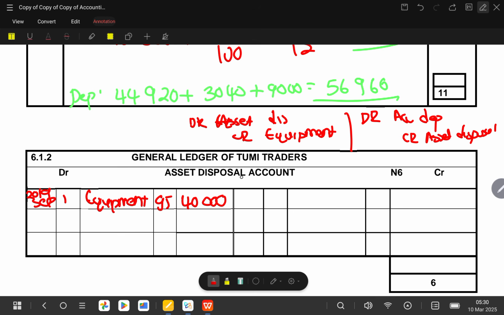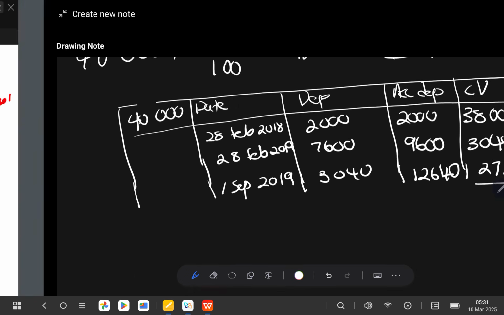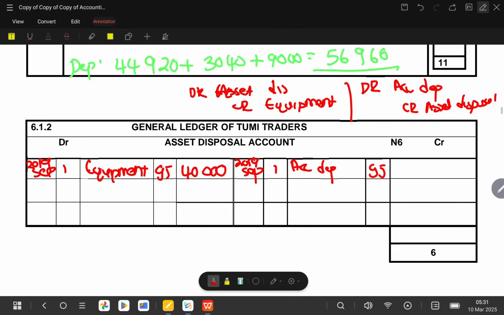So remember, we are going to come here and say 2019 September. We are going to record on the credit side, September the 1st, accumulated depreciation. But remember, it's going to be for the total accumulated depreciation of the sold asset, and according to this, the total accumulated is 12,640.